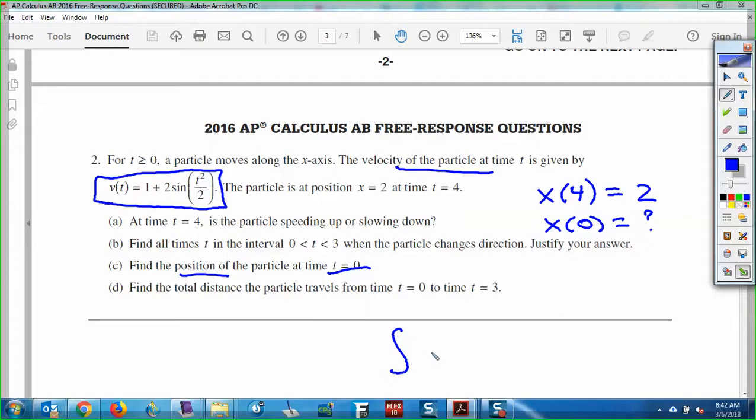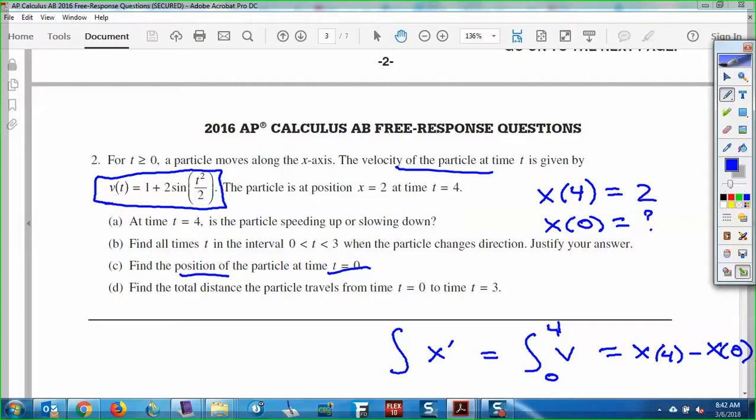Since V is x prime, if we did the integral of V from 0 to 4, that would equal x of 4 minus x of 0. We've got to understand what that integral would give us.